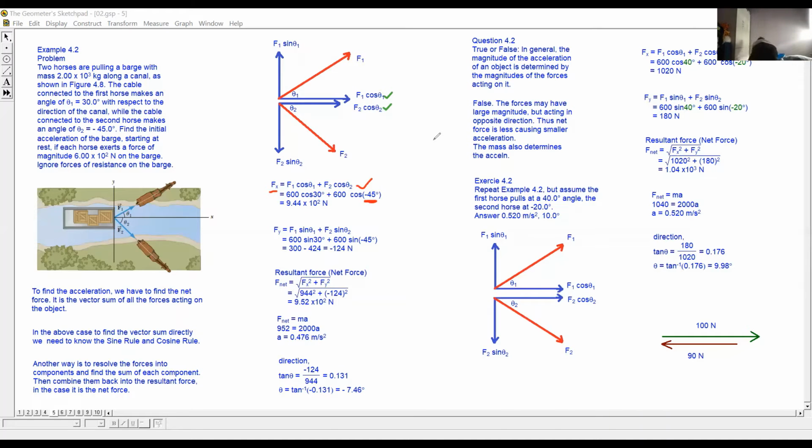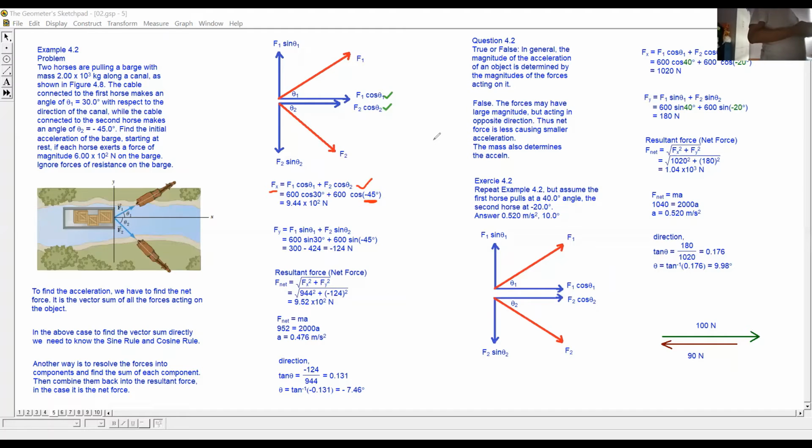Can or not? I got 95 point something, sir. 95 point something? Okay, I tell you, then you type 600 cosine 30.